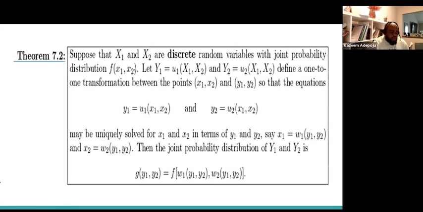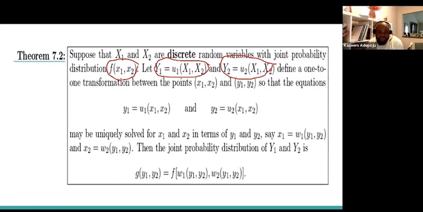And when you get a joint for x1 and x2, they define a new variable y1, which is a function of x1, x2, and a new variable y2, which is also a function of x1, x2. In this situation, you're considering a two variable situation where you want to go from x1, x2 to y1, y2.